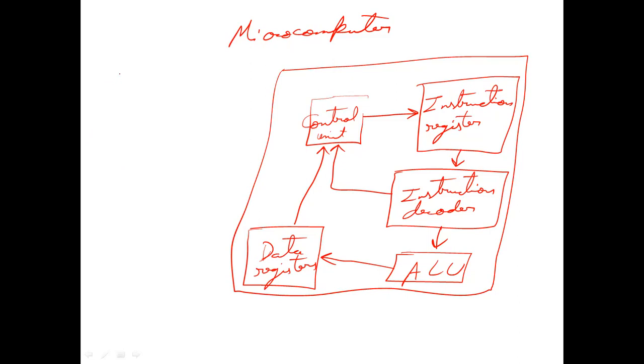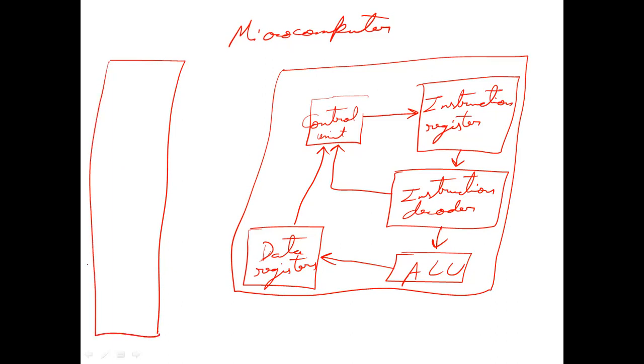So there are three types of bus. I will make a bus. They are the communication lines. So one is the data bus, another is address bus, and another is the control.